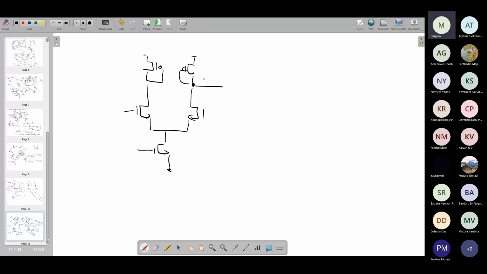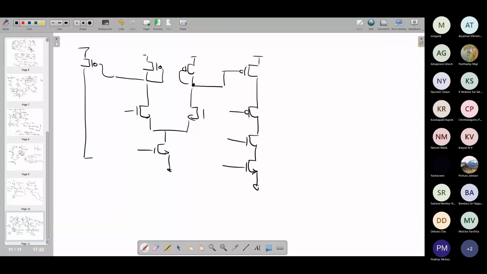How do we basically find out what are the high frequency poles? I'm not drawing all the biasing voltages. Ultimately, these voltages will be obtained from some current mirrors, right? So all those I'm not drawing right now. This is your bias voltages.